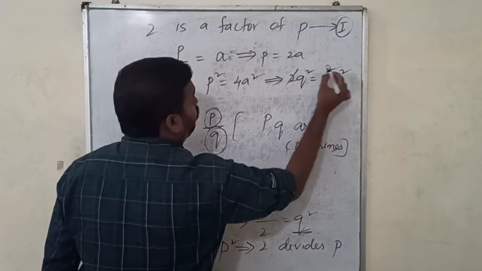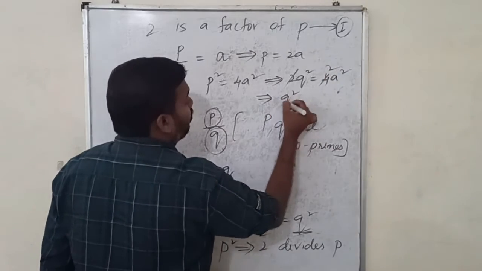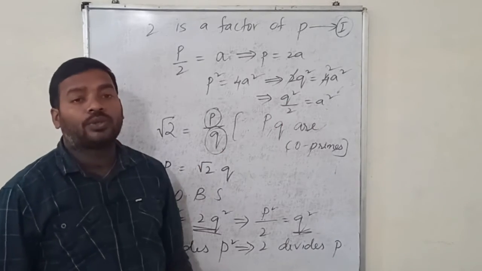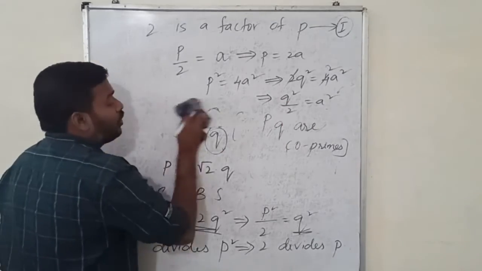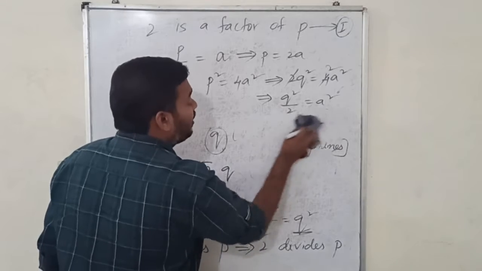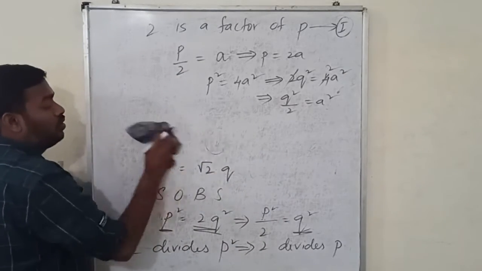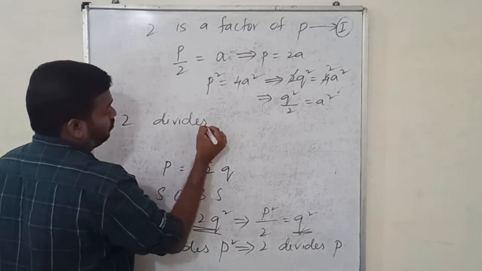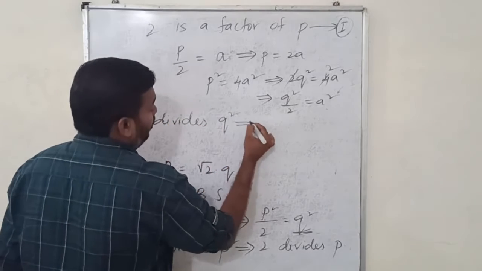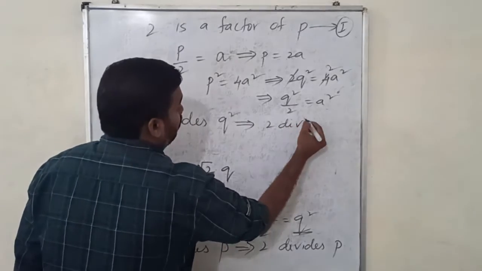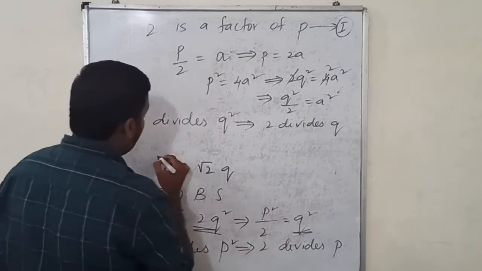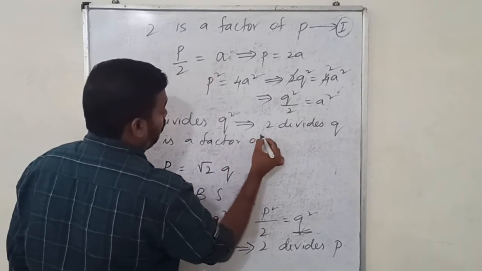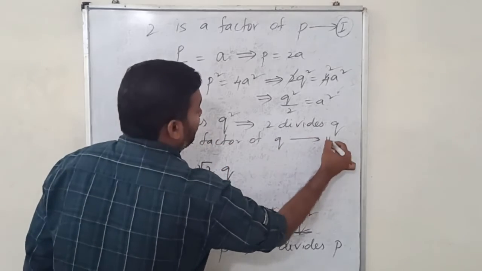2 ones are 2, 2 twos are 4. Again Q square by 2 is equal to A square. Here we got that 2 divides Q square. If 2 divides Q square, then 2 divides Q. That means 2 is a factor of Q. This is our second statement.